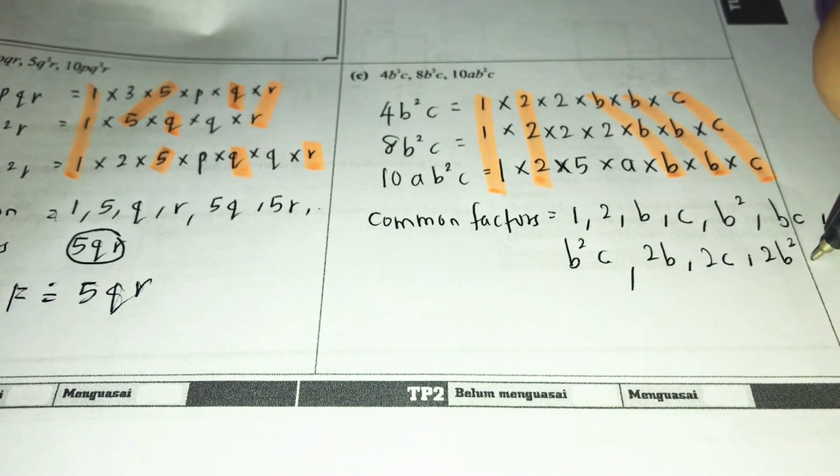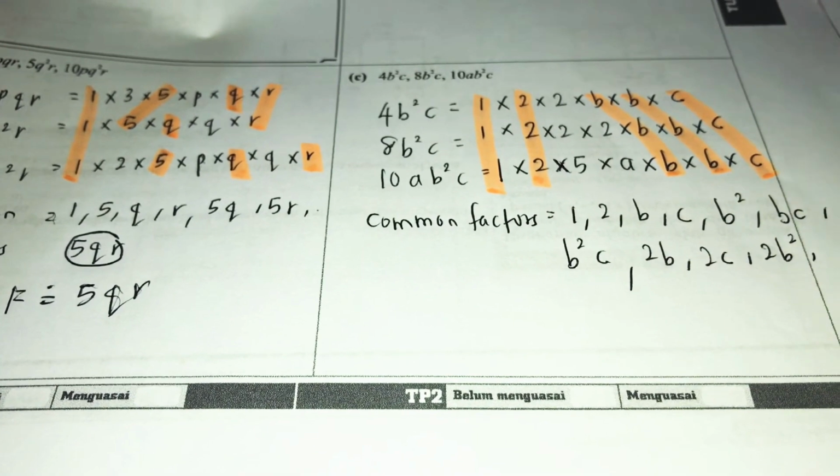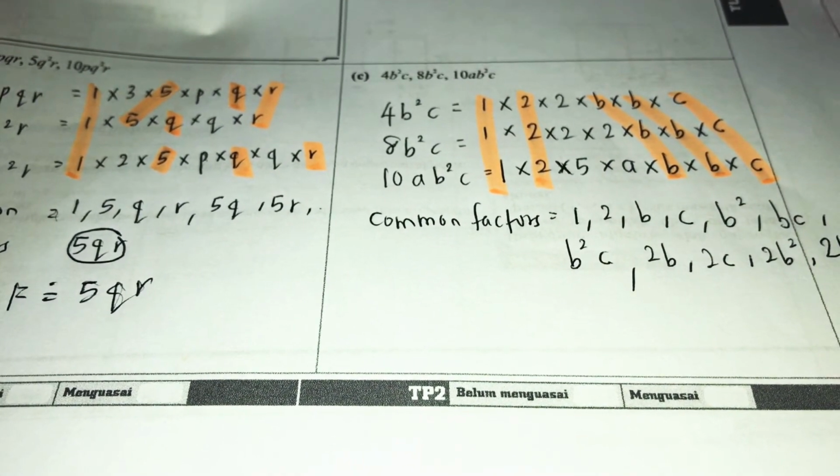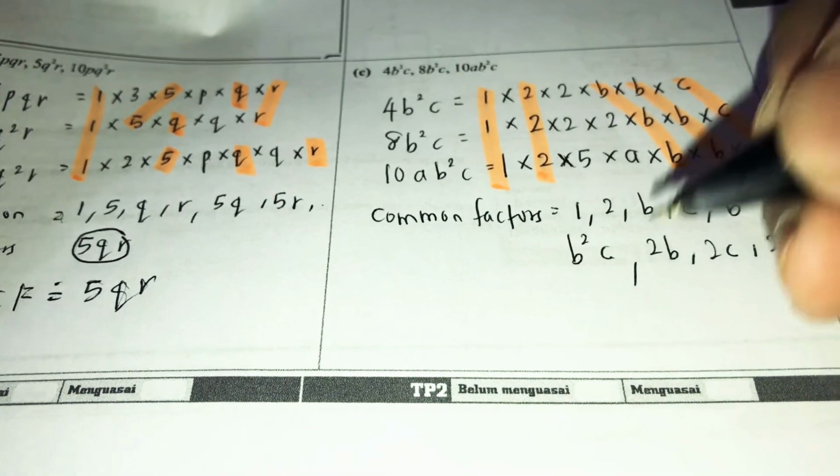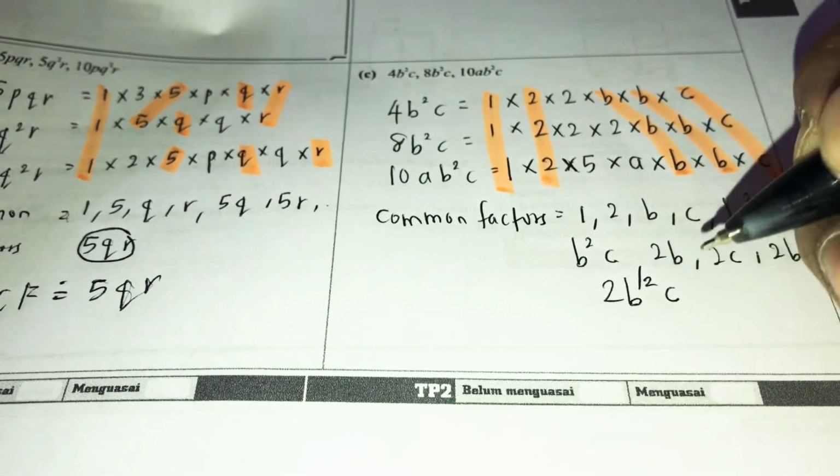Alright, all the possible values. Then 2BC, and then 2B square C.